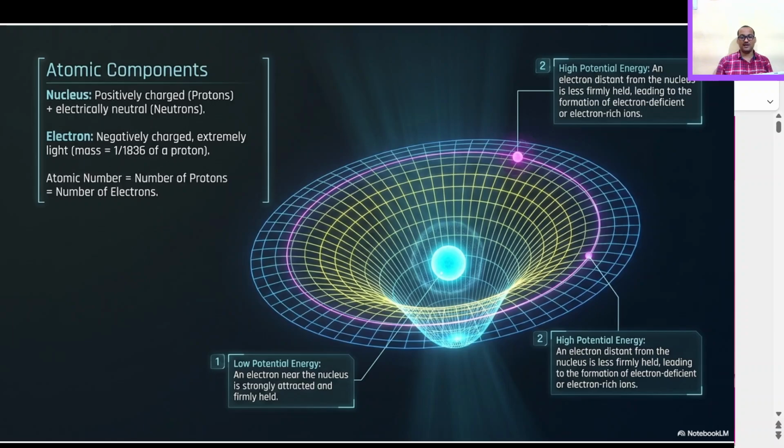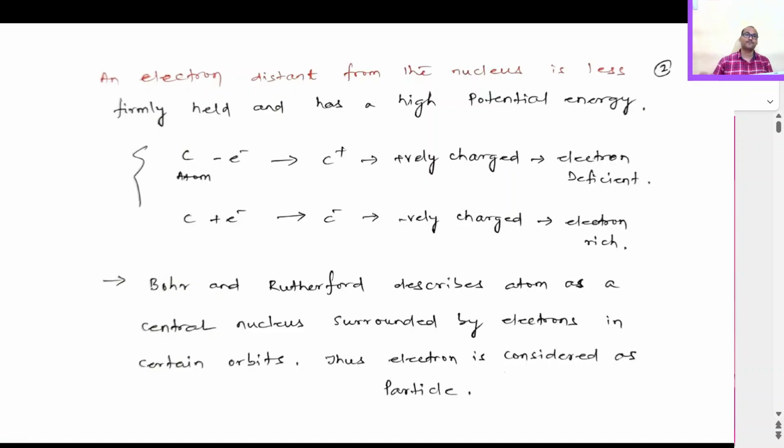Here you can have a flavor of the potential energy surface. Here is the central nucleus. The electron near to it has a low potential energy, and the electrons at a distance far from this nucleus will have a high potential energy. The electron distant from the nucleus is less firmly held and has a high potential energy.